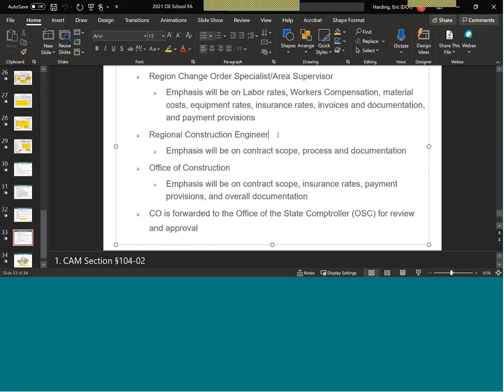The Office of Construction's emphasis will be on the contract scope, insurance rate, payment provisions, and the overall documentation. They're going to be the ones shipping it up to OSC, and they're going to pick it apart. So they're kind of our last line of defense for any little thing that was missed or not documented correctly.